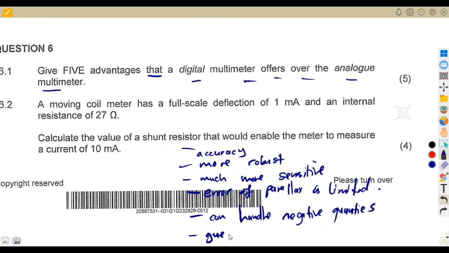We get the exact values that we are given. It's not to say you can't see the value. The value is properly displayed, so you do not guess the value. You see the proper value. So the guessing is eliminated. You know the exact value. Don't guess to say maybe is this or that. No, you need exact. So those are the advantages that digital meters have.